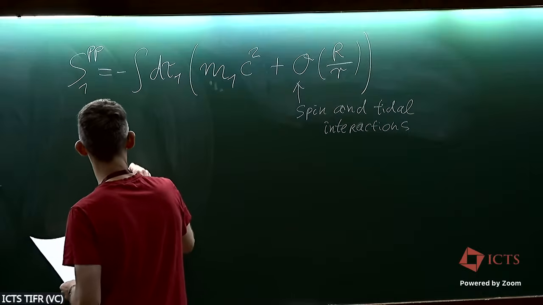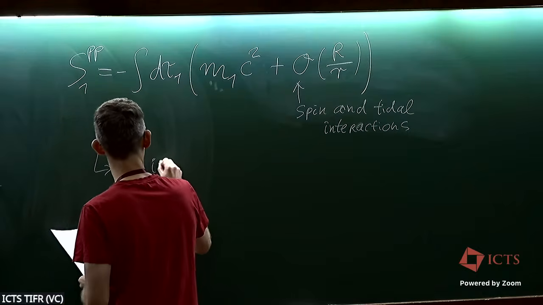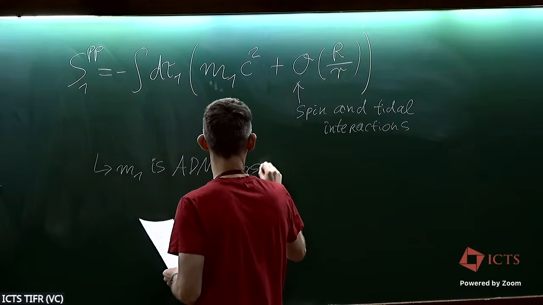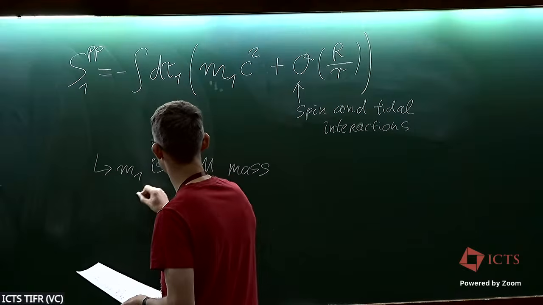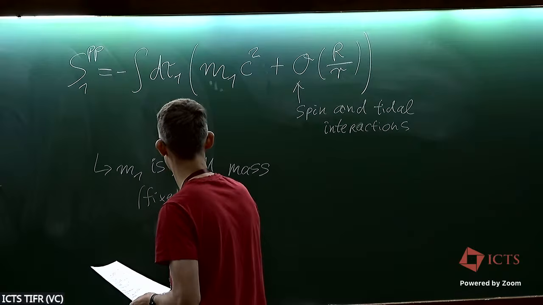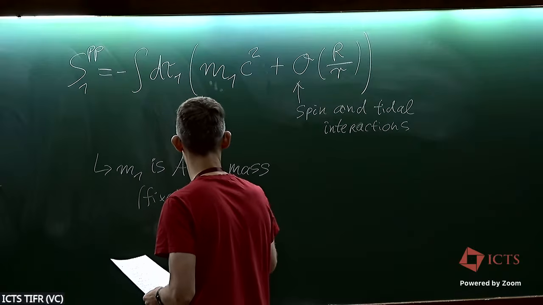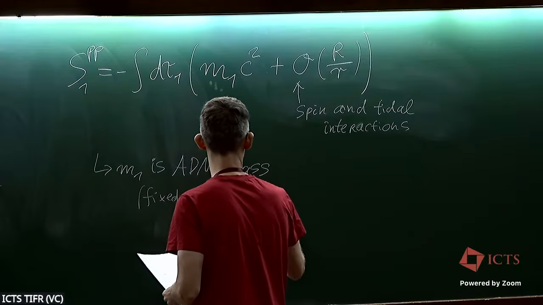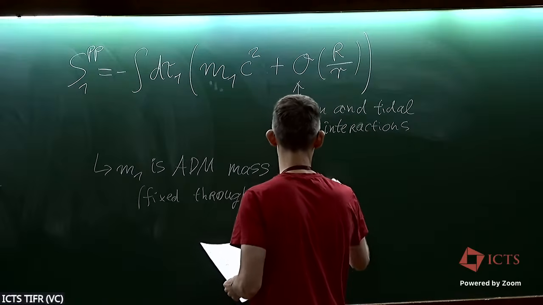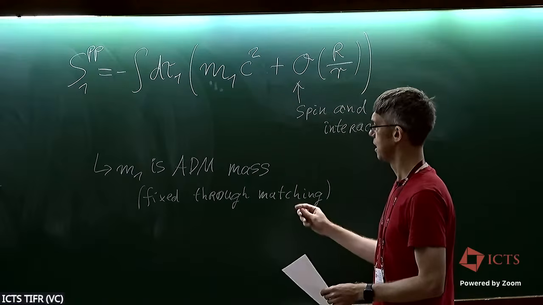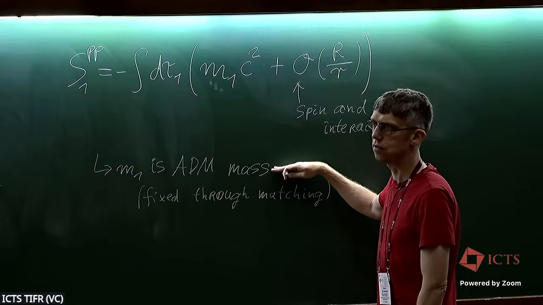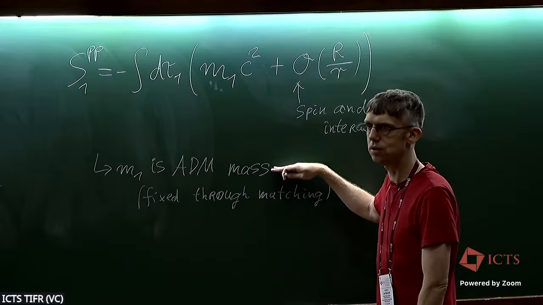And it turns out that this is the so-called ADM mass. And this one can basically be fixed through a matching procedure. Now, what that means is the following. In GR, there are several definitions of masses floating around.